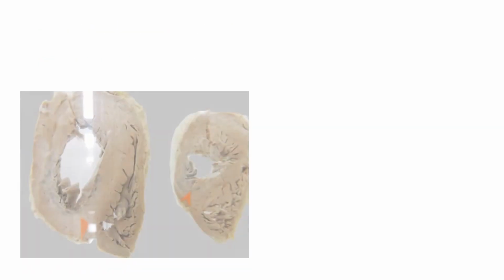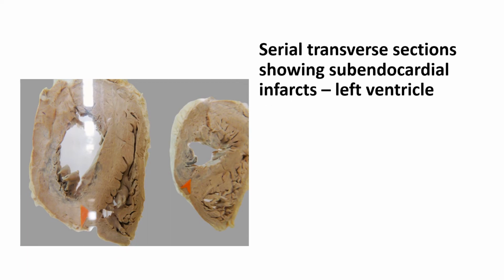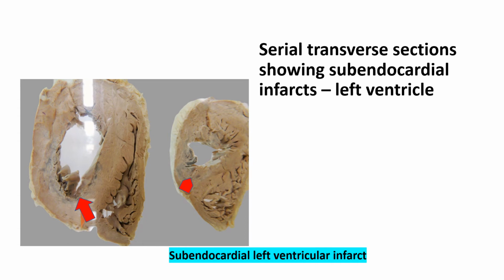Let us go to the next. Now this is again a serial transverse section from some other museum specimen, and here what you see is blackish discoloration in the subendocardial region only, involving about the inner one-third of the endocardial surface. So, subendocardial left ventricular infarct.